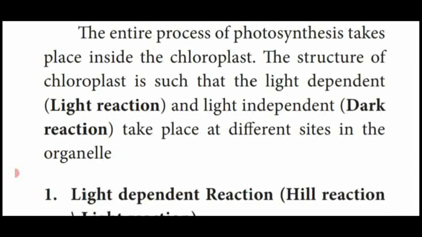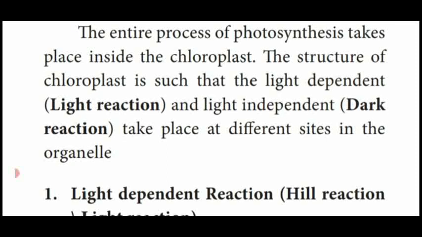Another one is the light independent process, that means in the absence of sunlight, called the light independent process or dark reaction. These two are the important reactions that take place in the chloroplast for the photosynthetic process.